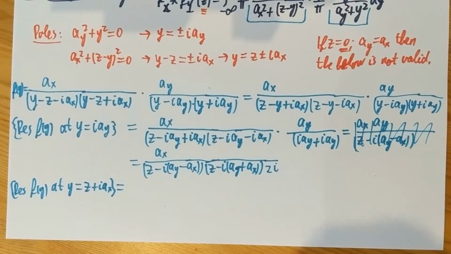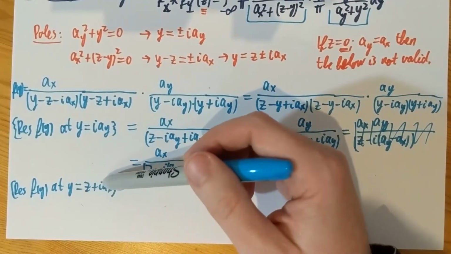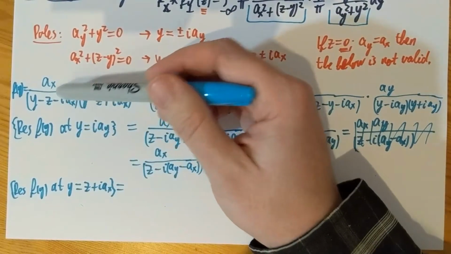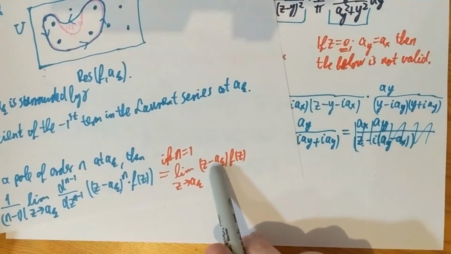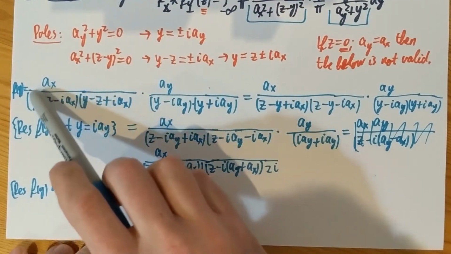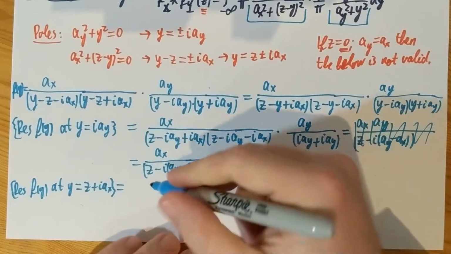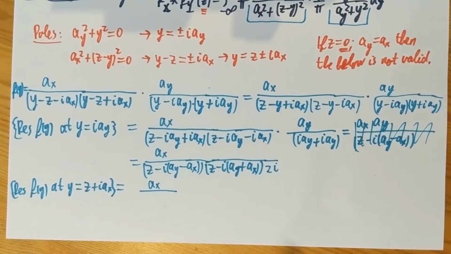And all I need to do is cancel out, forget about the y minus z minus iAx term, because this is the one that's going to blow up, and this is the one which is cancelled out by doing the residue. Okay, so I'm forgetting about this term, and write down all the rest with y equal to this point instead.